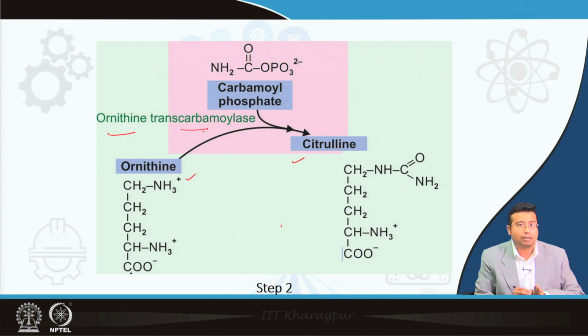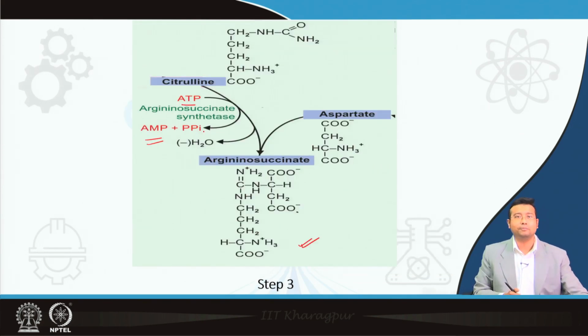So, ornithine transcarbamylase. I would suggest at this point you take a pen and paper and start drawing your own version of the urea cycle, so that as and when I am discussing, you can refer to your own figure, and that will be much easier for you to remember, and later you can pin that piece of note which you have made after following this class into your own textbook. That is an excellent thing to do.